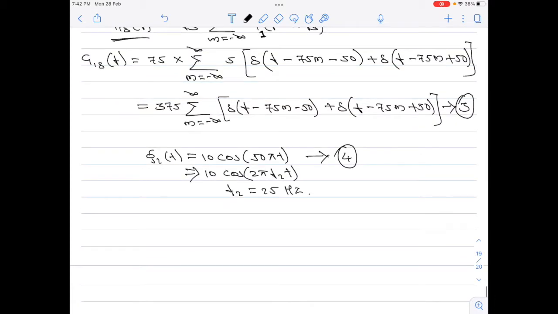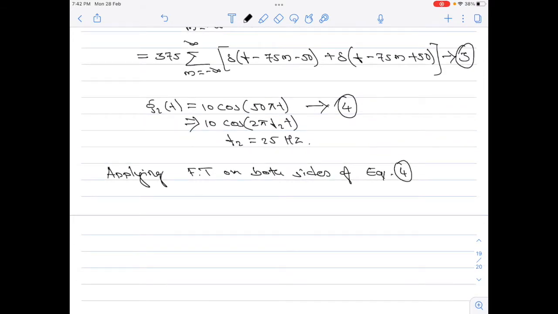Now, I am going to apply Fourier transform on both sides of equation 4. So we will have G2(f) equal to 1/2 multiplied by 10 into delta of (f minus f2), which is 25, plus delta of (f plus 25).